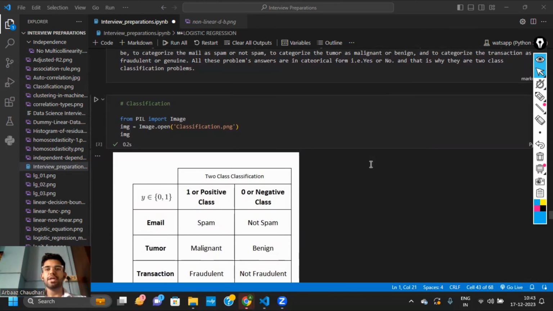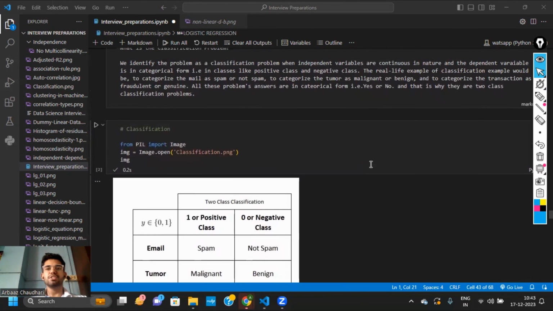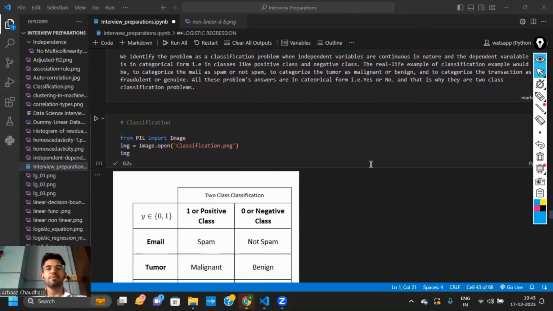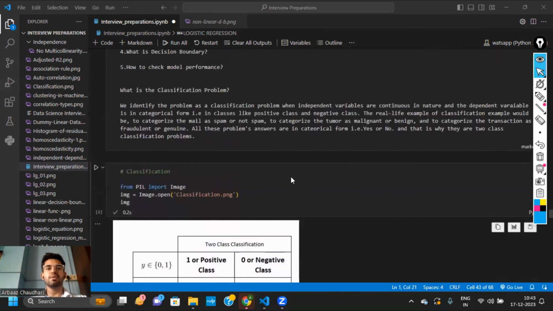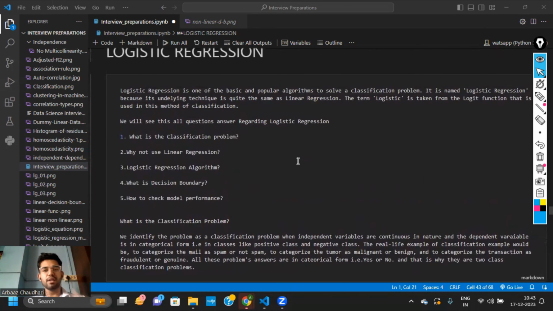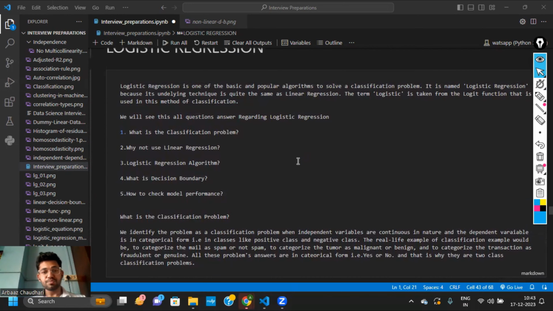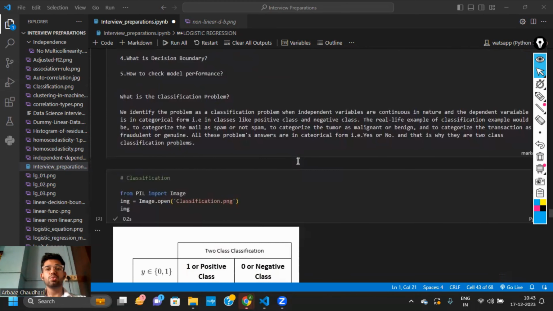This model is mainly used for binary classification. For multi-class classification, you have to go to some other model.